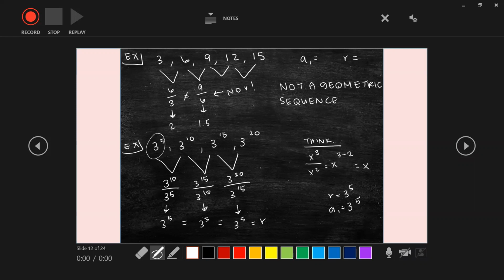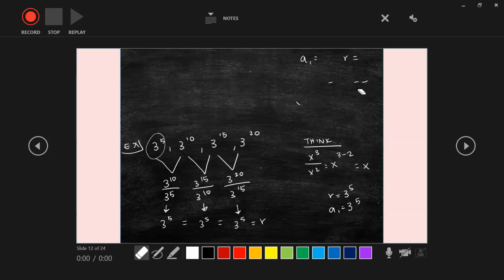I am going to put up 3 examples, and I want you to try and do them on your own. I'll put these examples up here for those that are still writing. Our first example is 2, 4, 8, 16.